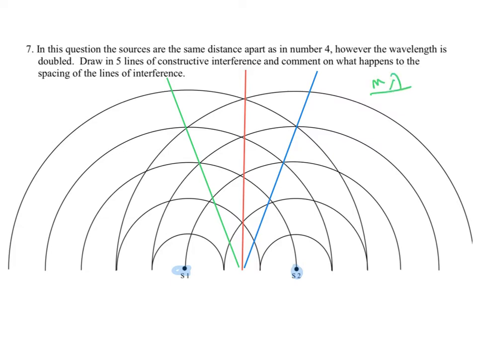M lambda over D equals Y over L. So my spacing here from the central maximum, this is 0, this is 1 on the left, this is 1 on the right. It looks like as wavelength goes up, so does the spacing. That's what we're seeing in here. So longer wavelength from here to here.